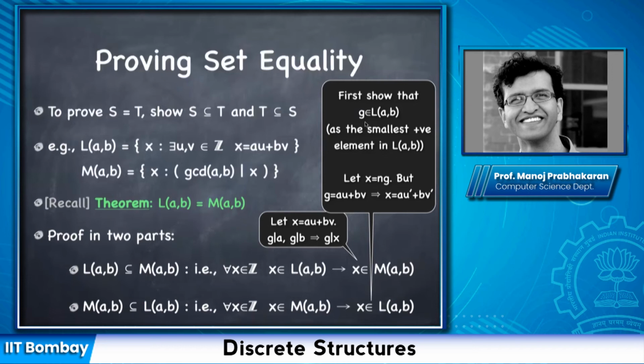We showed that the GCD itself is an element, and once you know that the GCD is an element of L(A,B), you could show that every multiple of the GCD is also in L(A,B). So this direction in this particular case needed more work than the other direction. And this you might encounter often in trying to prove that two sets are equal. Going in one direction might be easier than going in the other direction.